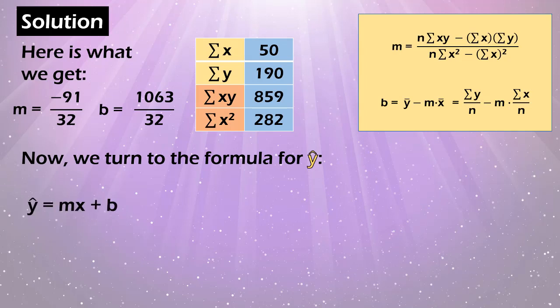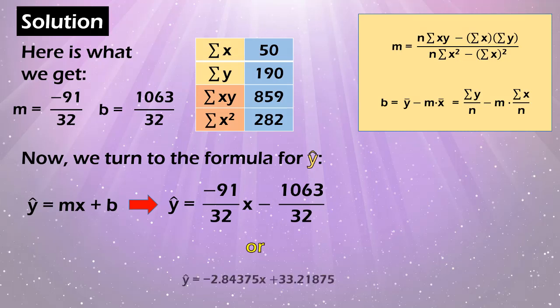So we insert the negative 91/32 for the m and the 1063/32 for the b, and our regression line is negative 91/32x plus 1063/32. If we wanted it in decimal form, it would be negative 2.84375x plus 33.21875. So those would be your regression lines in fraction form and in decimal form.